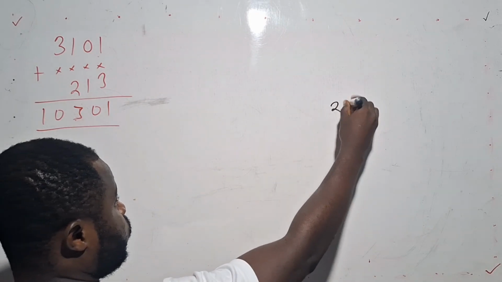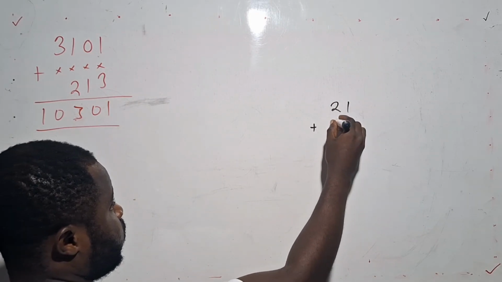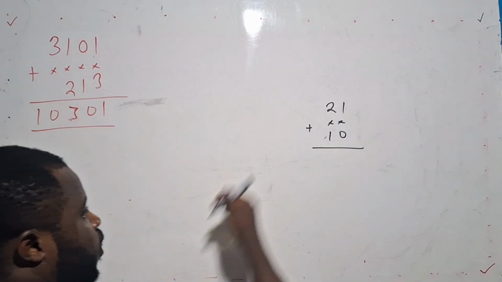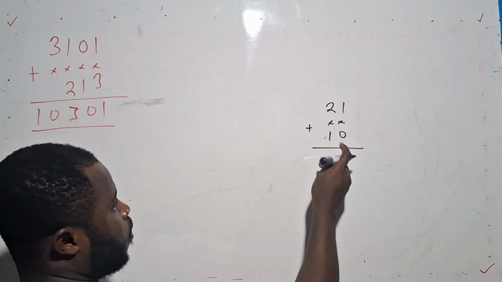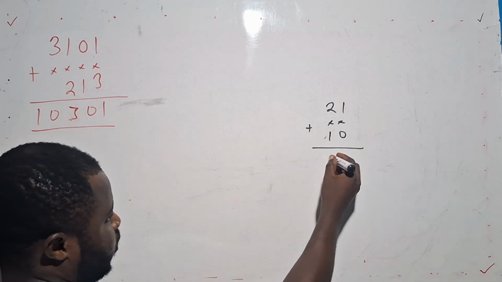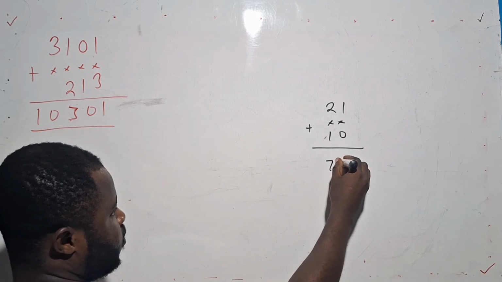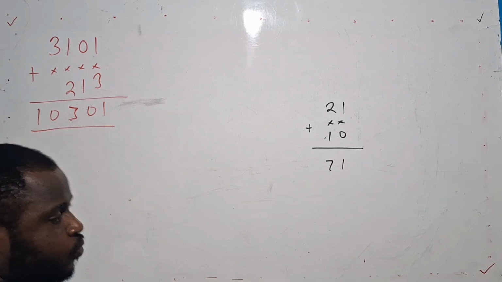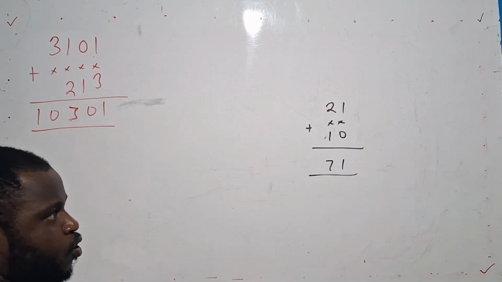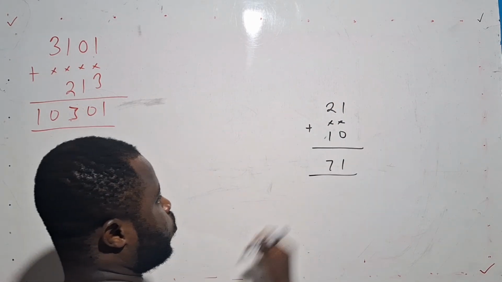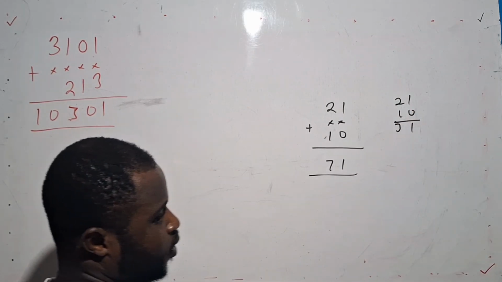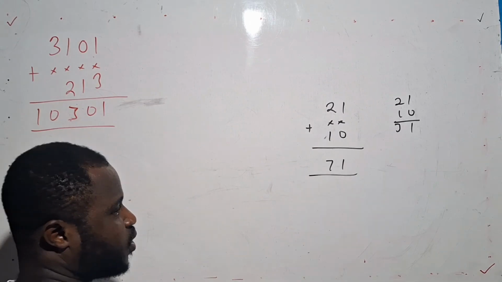If we have 21 plus a missing number plus 10, let's say it's giving us 71. Now how do we get the missing number here? We have to add these two, 21 and 10, which will give us 31. Then we subtract it from the answer here.